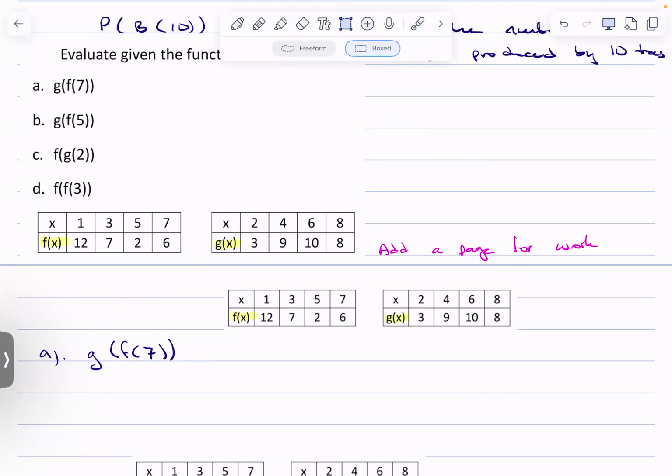Well, my input into f is 7. Let's start there. So I have to be in the f table, and my input is 7, and I get an output of 6. So I can replace f of 7 with 6.